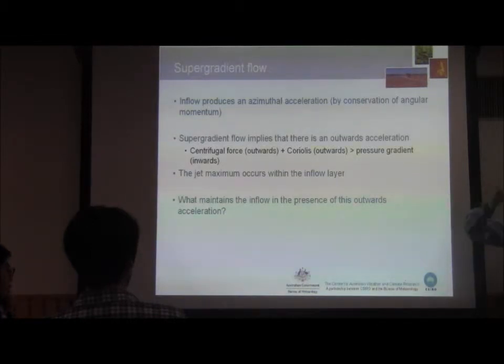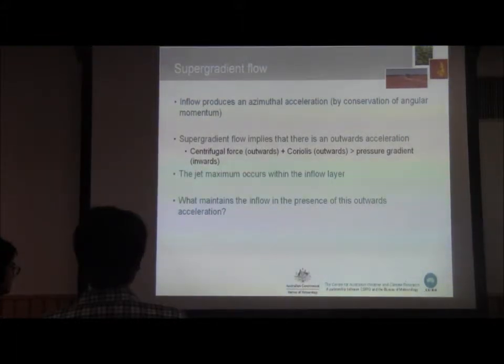And so if we have strong inflow, by conservation of angular momentum, you'll tend to spin up a wind maximum. That's a very simple argument, and you can sit on a swivel chair and give yourself a kick and turn around and pull your arms in and you spin faster, or you can watch an ice skater, and people know that this produces strong rotation.